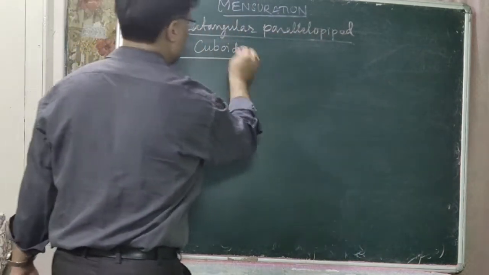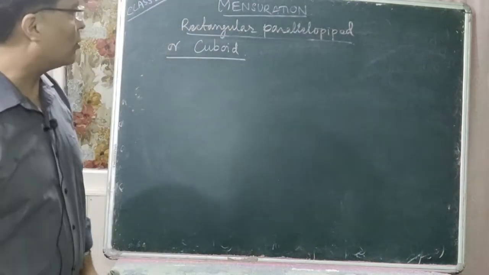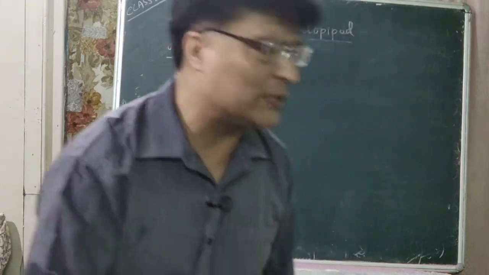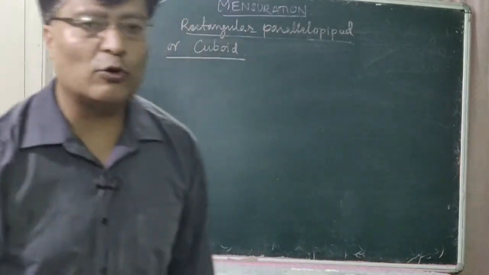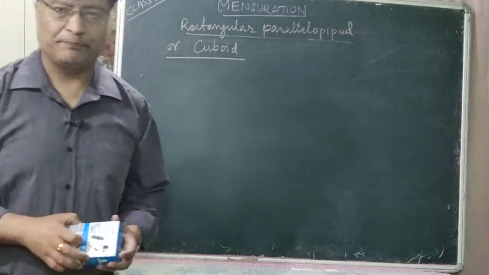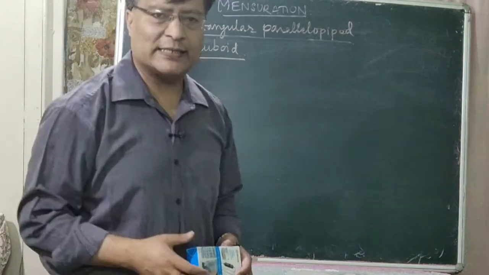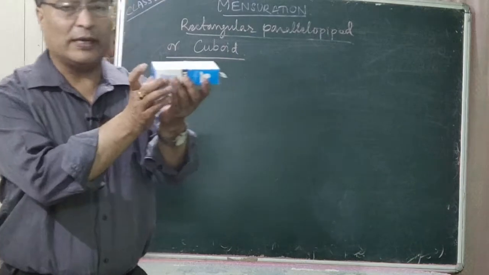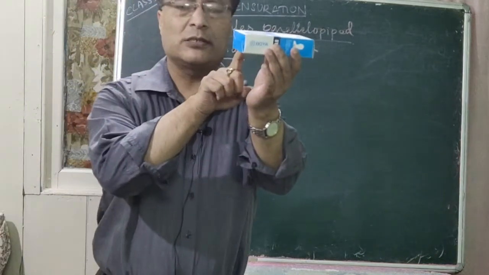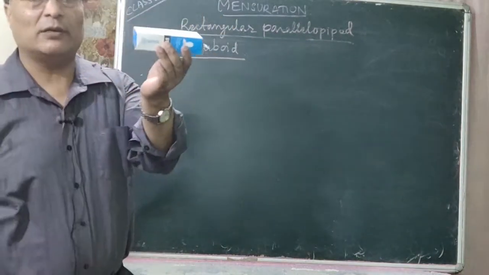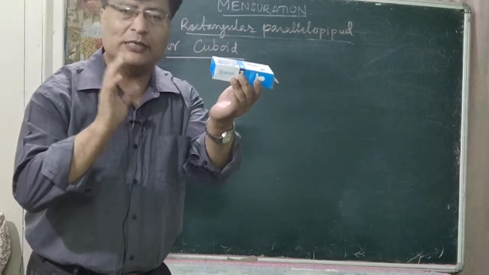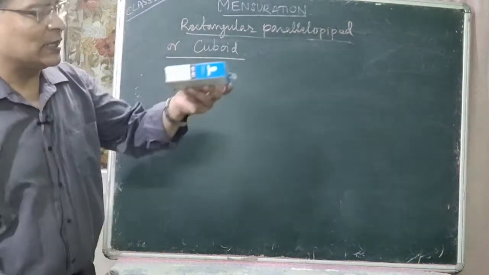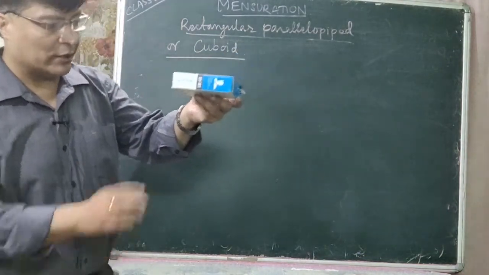Cuboid भनेर पनि भन्छौँ. So what type of figure is known as rectangular parallelopiped or cuboid? So you can take an example. You can take the example of this box. Okay, so this box is a rectangular parallelopiped, or it is also known as cuboid. So how is it known as rectangular parallelopiped or cuboid?